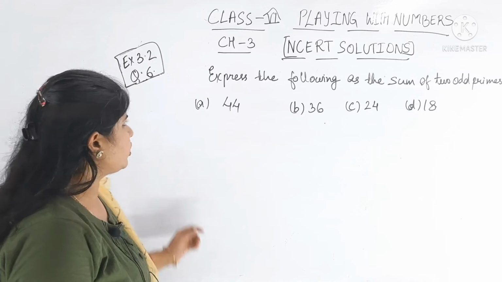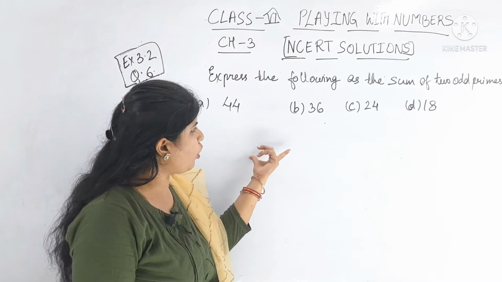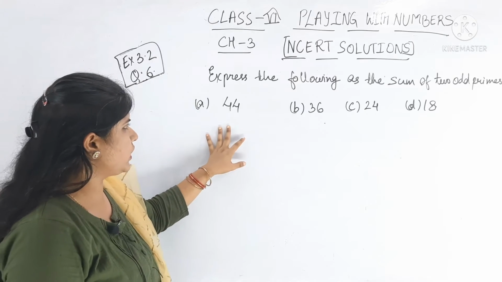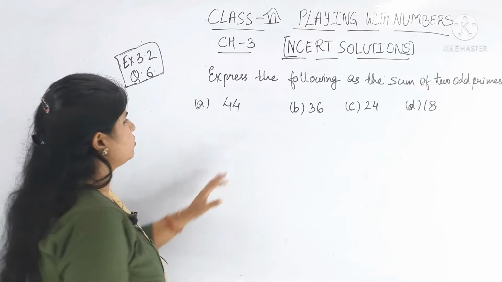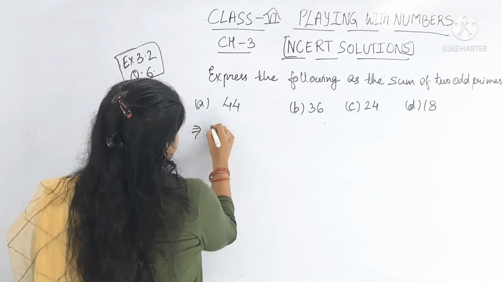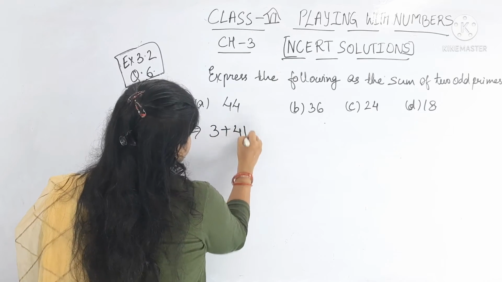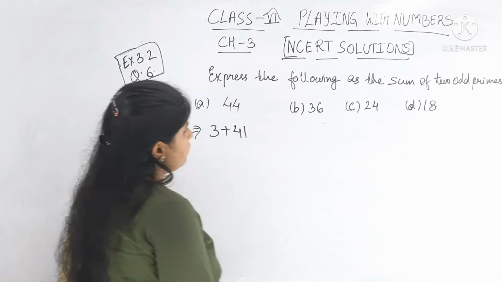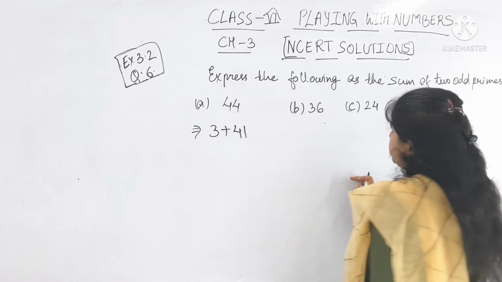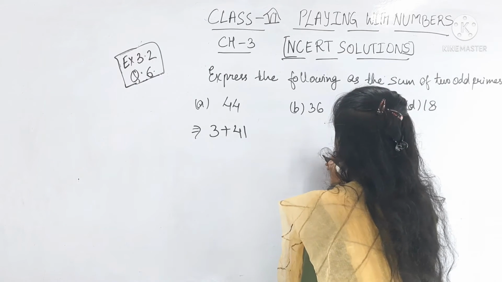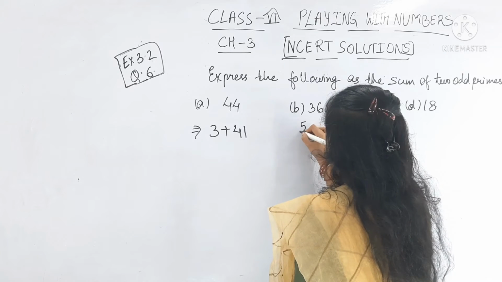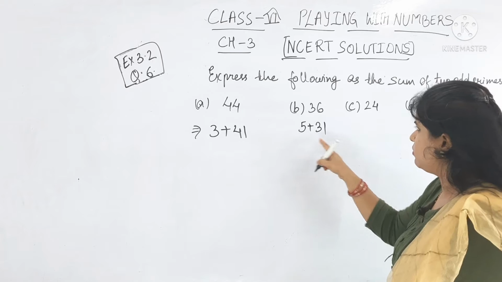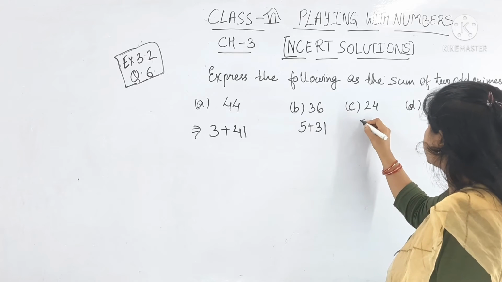Let's see question number 6. We have to express the following numbers as the sum of two odd primes. Here it is given 44. So it is 3 plus 41, that is 44. They are two odd prime numbers. Here 36: 5 plus 31 is 36, also two odd prime numbers.